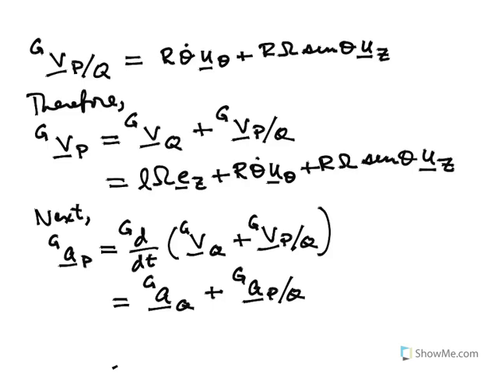The acceleration of Q as viewed by an observer fixed to the ground is going to equal d dt in G of the velocity of Q as viewed by an observer fixed to the ground. That's what we just got through saying. We just wrote it down up above.